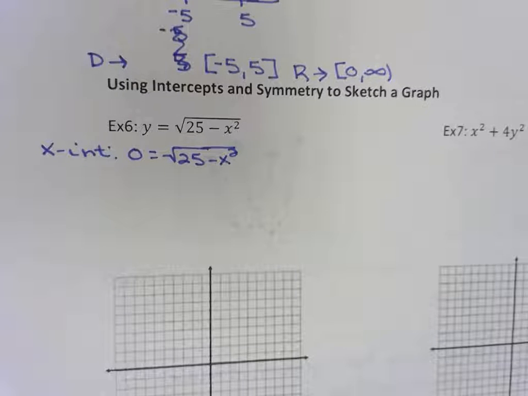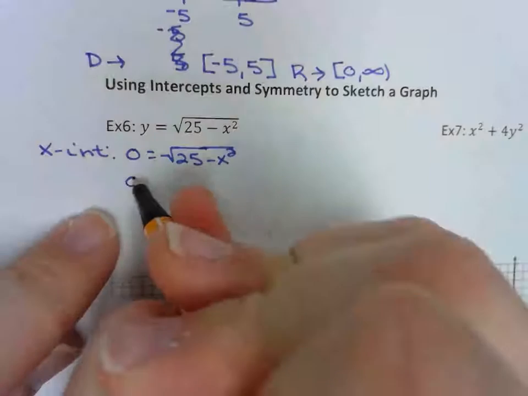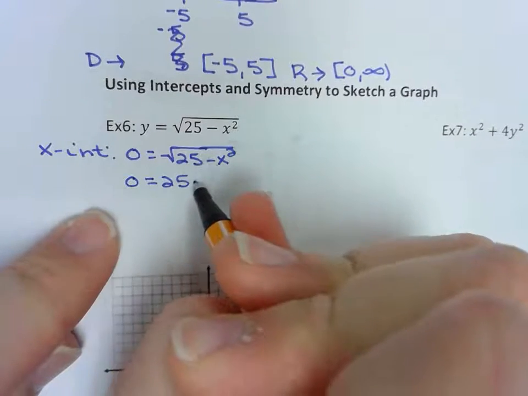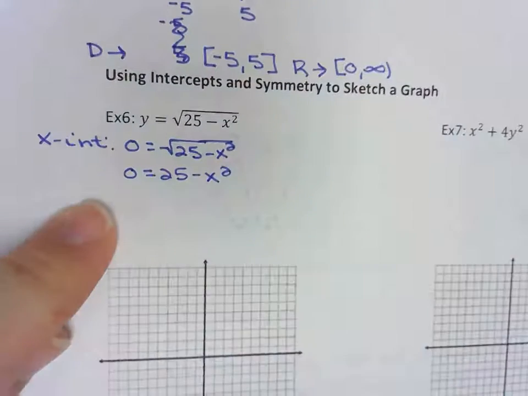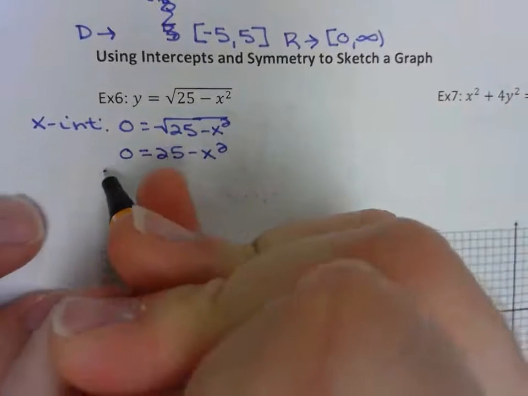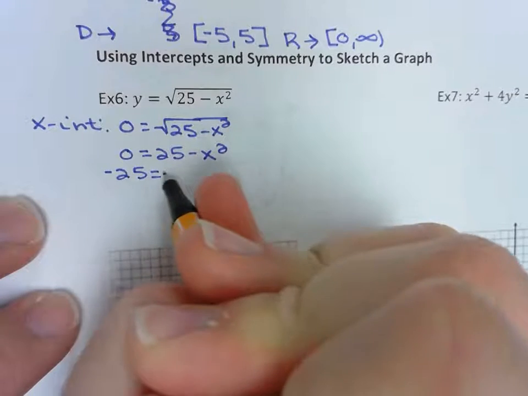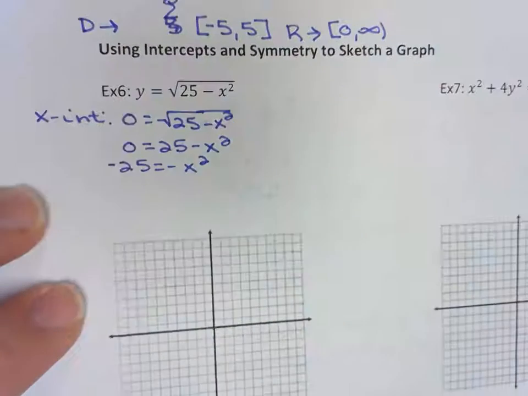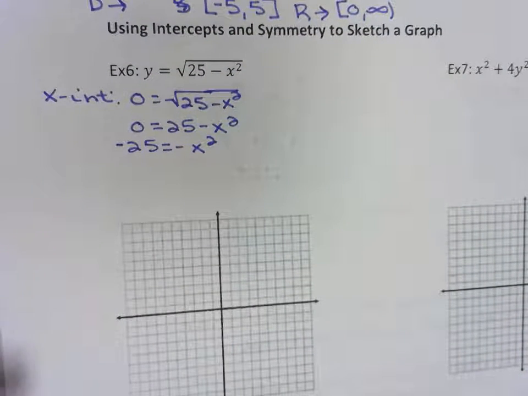To solve this for x, I do what first? Square both sides, so you get 0 equals 25 minus x squared. It's a quadratic, but there's no single x, so I can use the square root principle. Subtract 25 from both sides, try to get x squared by itself, so I can take the square root of both sides. Divide by negative 1.